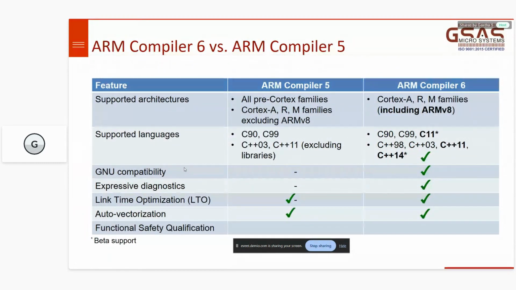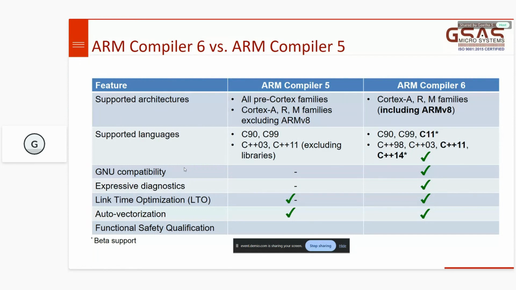So now we come to the interesting part. In one slide, comparing compiler 5 and compiler 6. For compiler 5, you can see all pre-Cortex families, and Cortex ARM excluding ARMv8, meaning v7-A, v7-R, v7-M.